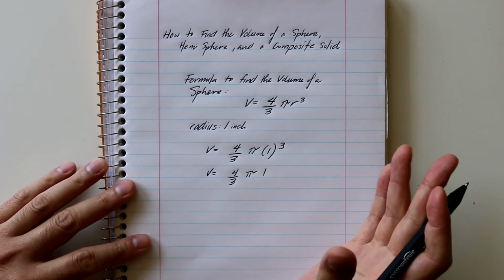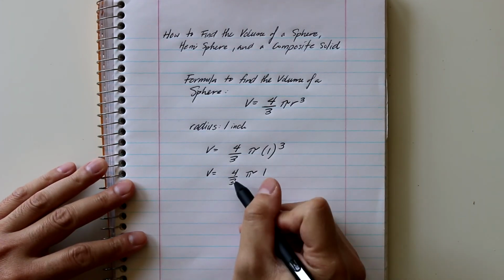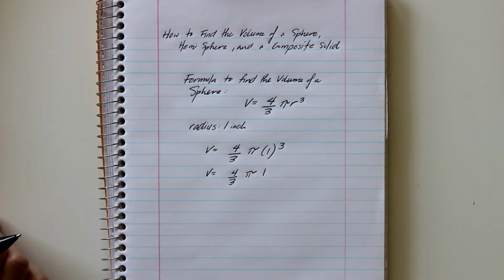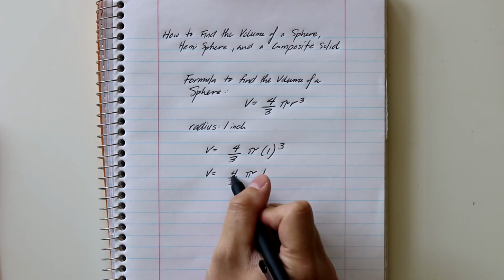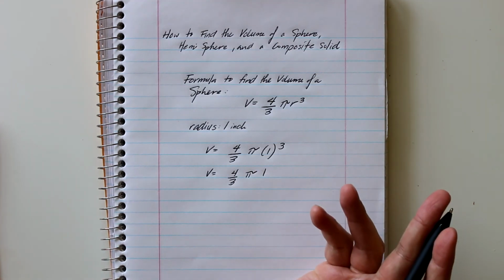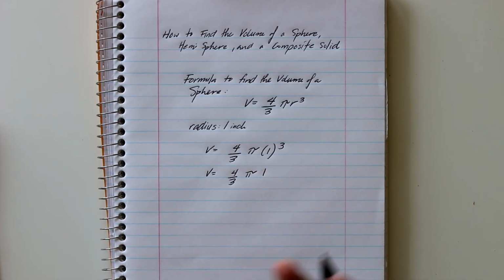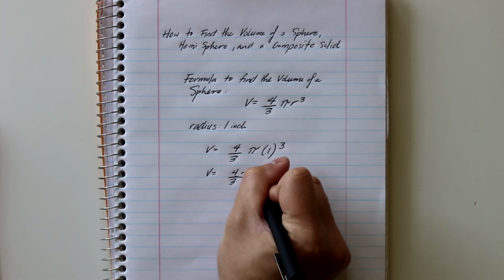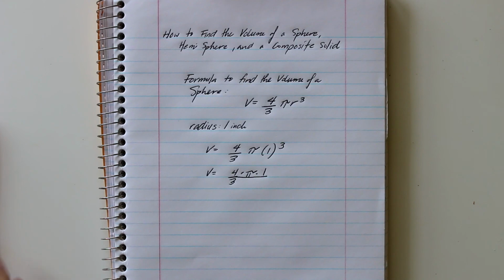There are two ways we can go about this. We can treat each of these separately, or we can multiply 4, pi, and 1 and then divide by 3. You have two options, right? So let's try this option first. Let's multiply all of these together first and then divide by 3.